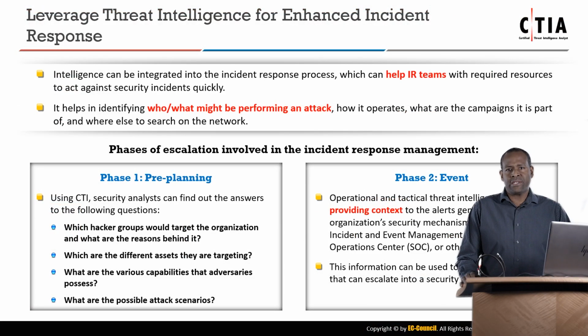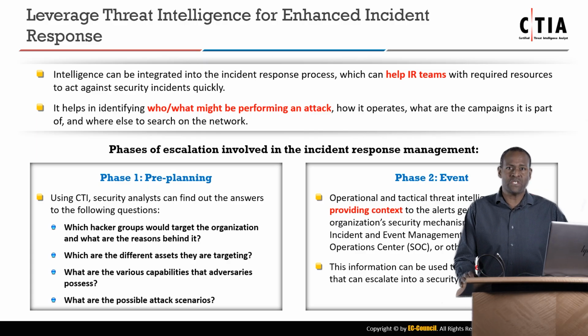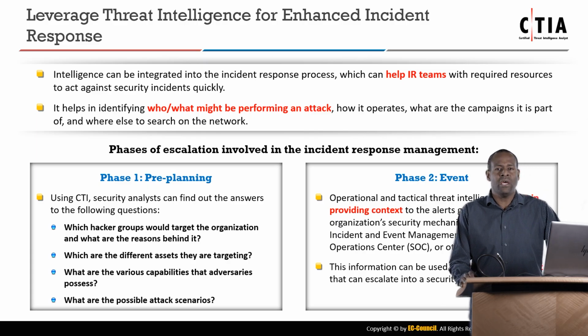We don't want the incident response team stalled for lack of information or lack of resources. Some of those resources involve information that's been already previously gathered or is currently being gathered. Other resources involve having the correct tools to respond to the incident. And then the other resource would be to have the correct procedures to respond to incidents.